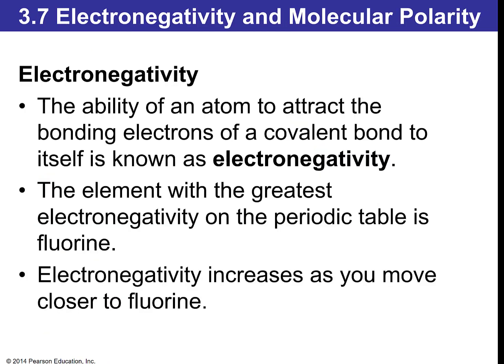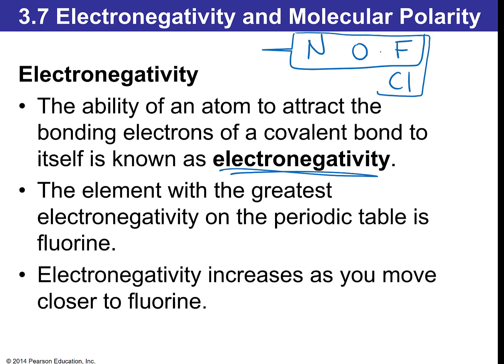Some nonmetals are what they call electronegative. And if you look on the periodic table, it's these: nitrogen, oxygen, fluorine, and chlorine. We're going to talk about these all the time. So you see these, they are the small upper right-hand corner nonmetals: nitrogen, oxygen, fluorine, and chlorine.